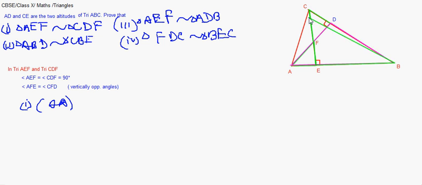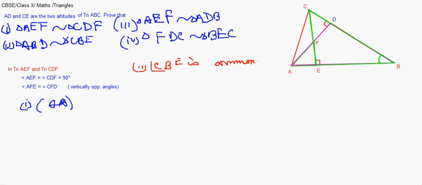These are the two triangles, and in the second part what we can see is the common angle, so in the second one I can write angle CBE is common to both the triangles.